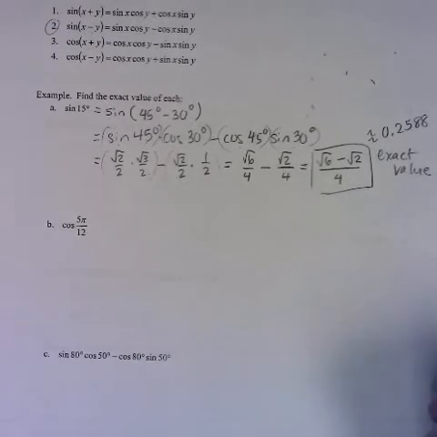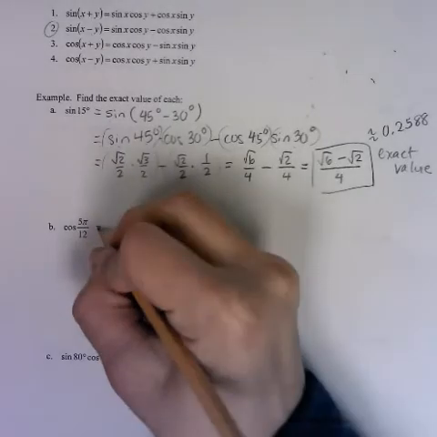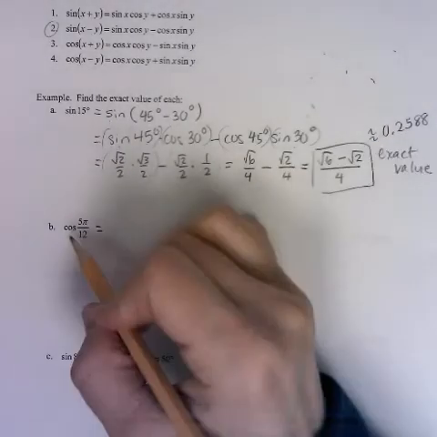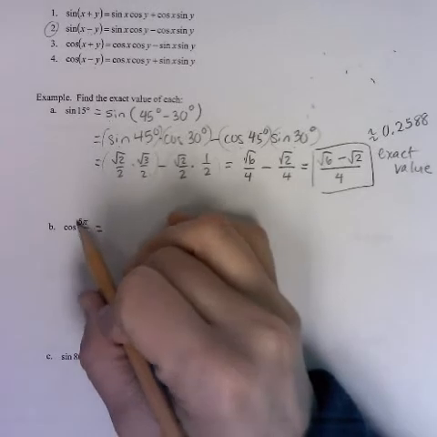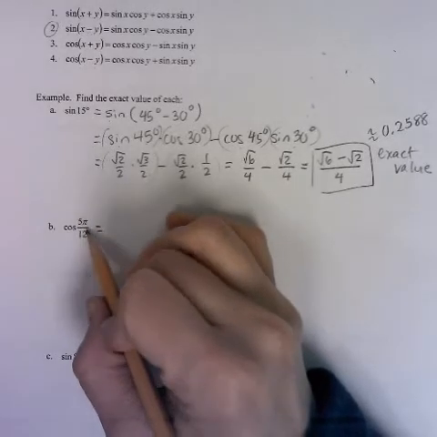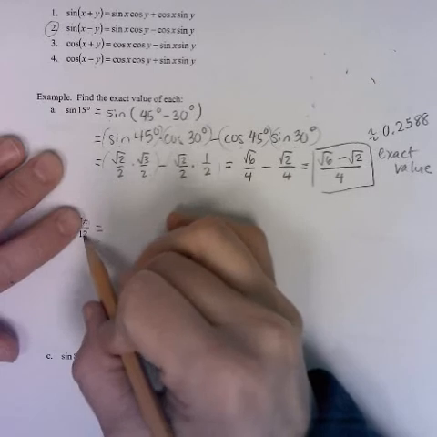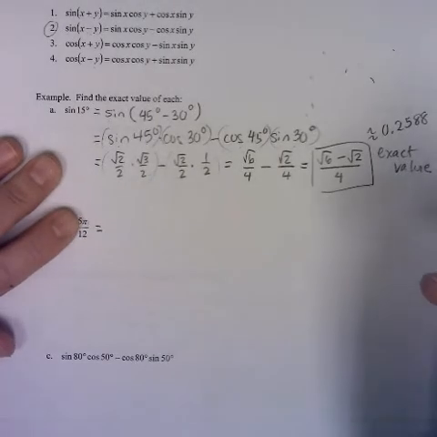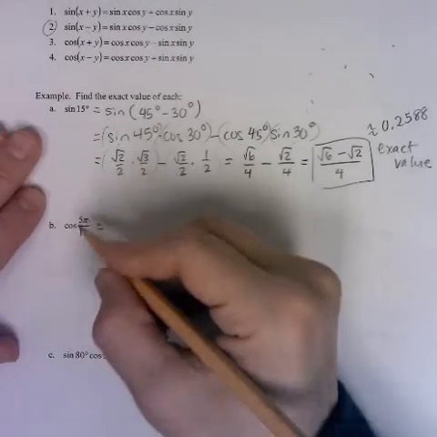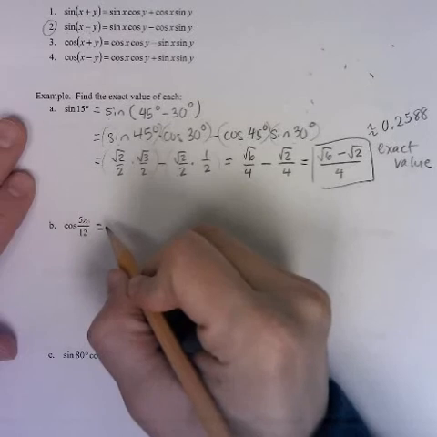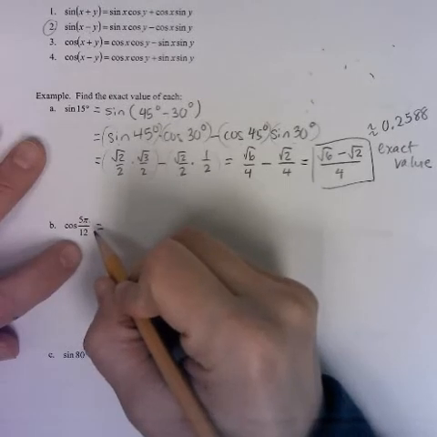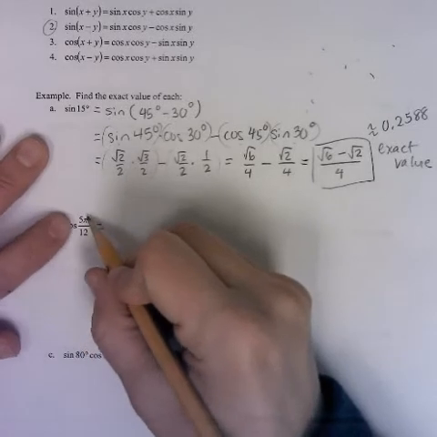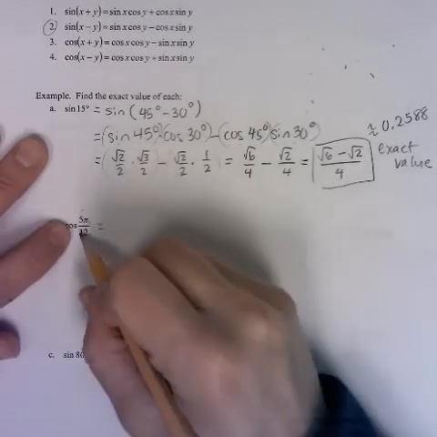The next example uses radians. Sometimes this is harder for people. So again, we want to come up with a sum or a difference that will give us 5 pi over 12. The reference angle is 5 pi over 12 itself because this is already acute.